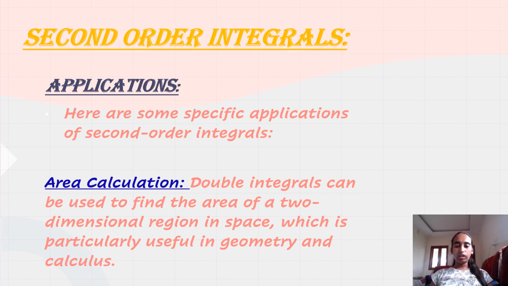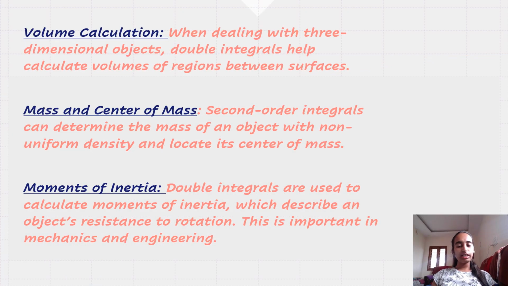In area calculation, double integrals can be used to find the area of a two-dimensional region in space, which is particularly useful in geometry and calculus. Let us see how the second order integral is used in volume calculation. When dealing with three-dimensional objects, double integration helps to calculate the volume of regions between surfaces.